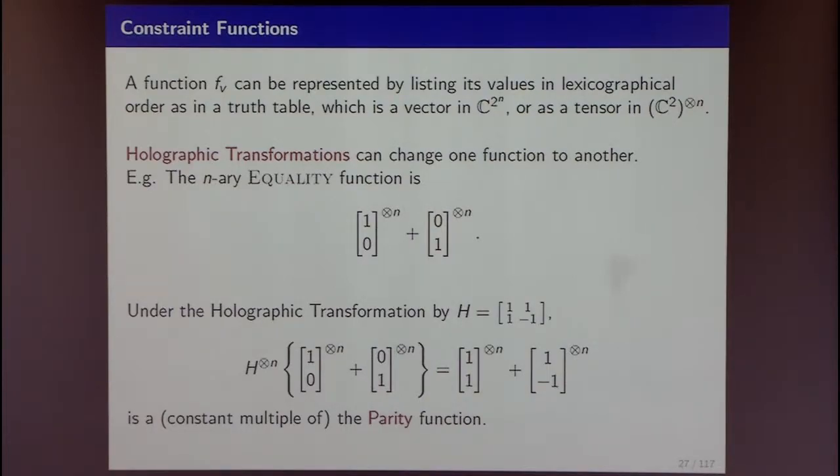And so if you think in terms of this way, then there's a natural group action. You can think of some sort of group of which H might be a member, and you would act on the set of functions, constraint functions, and then it will produce a transformation from one function to another, and they form some sort of orbits, and you can try to understand the properties of these orbits.